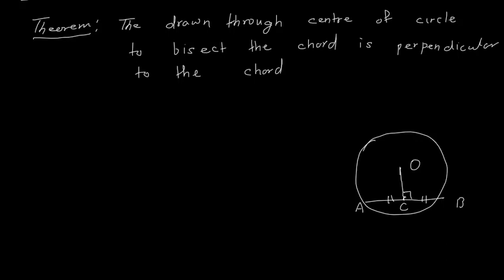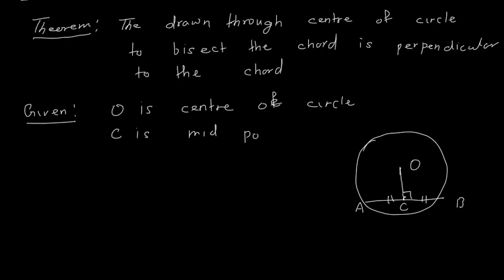So we can write in given, O is center of circle, and C is midpoint of chord AB. And what we have to prove? We have to prove that this OC is perpendicular to AB.